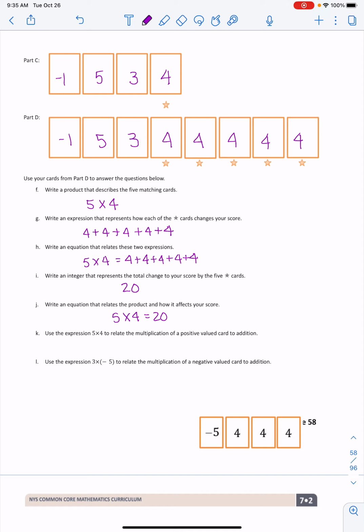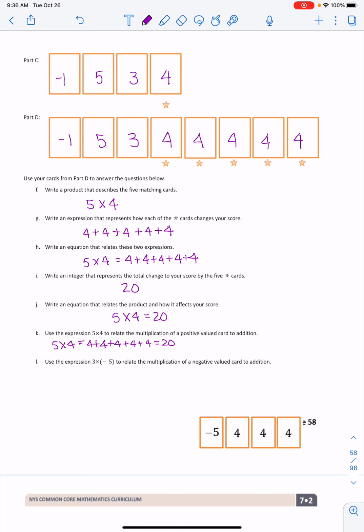Well, 5 times 4 equals 4 plus 4 plus 4 plus 4 plus 4 equals 20.